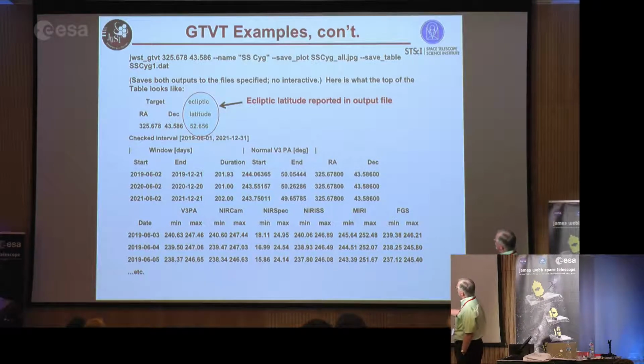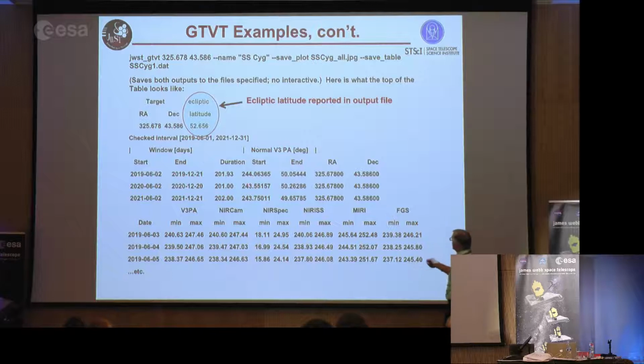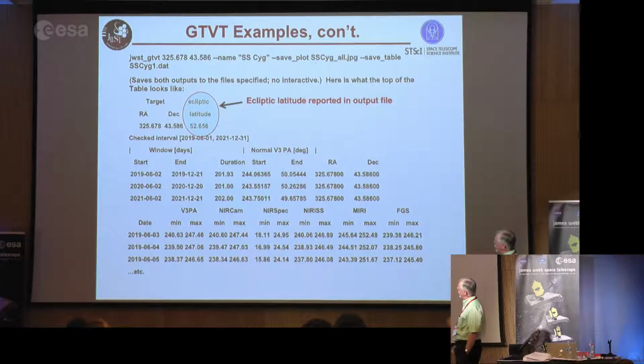And then start and end time, and here's your RA and Dec, just repeated out here. Then for each day, it goes through, and for each of the 6 options, it gives you the minimum and maximum.